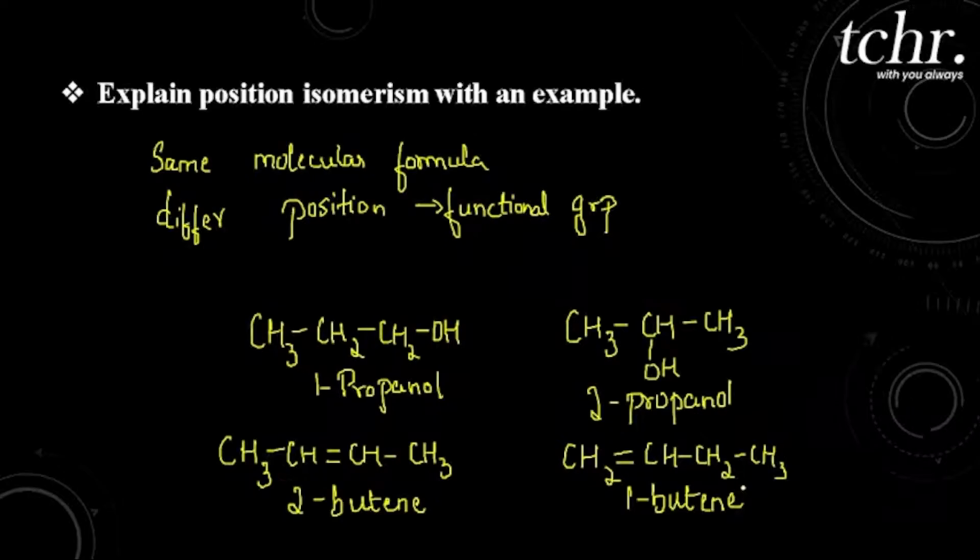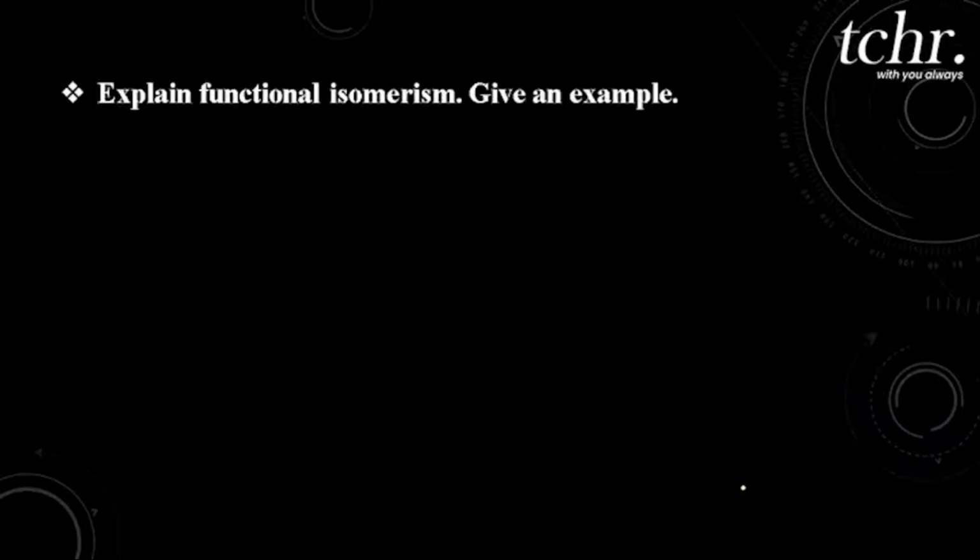So you have to give the explanation, a correct definition, as well as one or two examples. In the same way, we shall discuss functional isomerism. When a question is asked, what is functional isomerism? You will give an explanation as compounds having the same molecular formula but different functional groups.